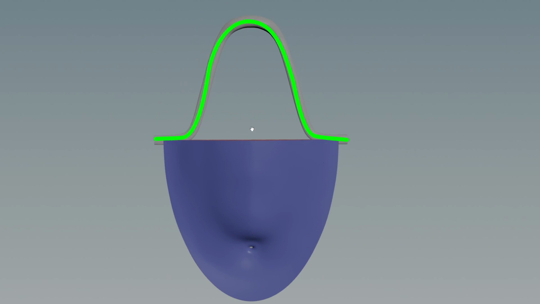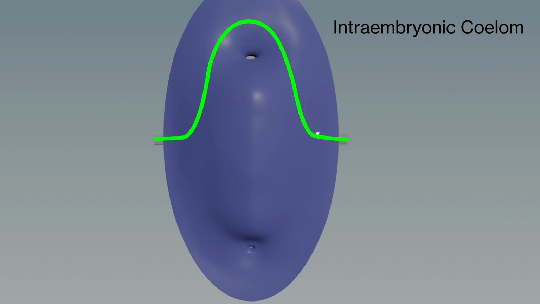We call this space the intraembryonic coelom. When I put the rest of the embryonic disc back, we can understand that that coelom is passing in front of the oropharyngeal membrane.